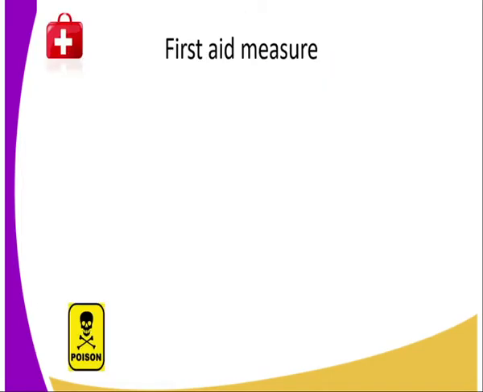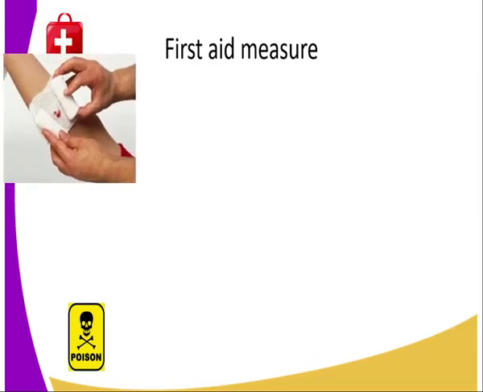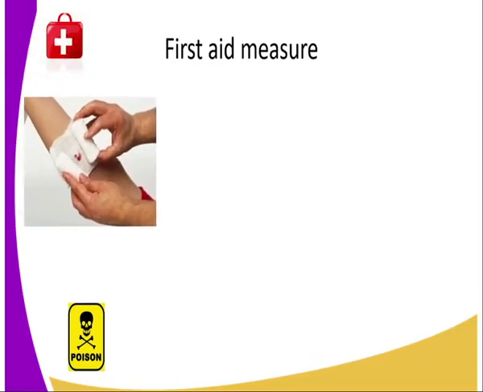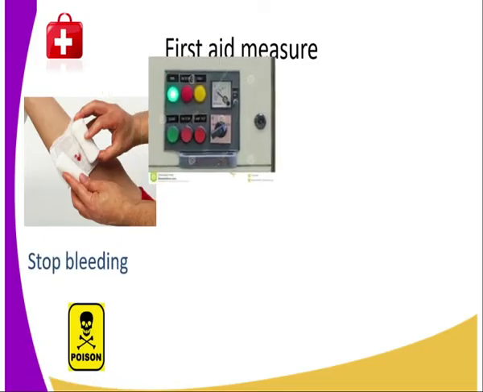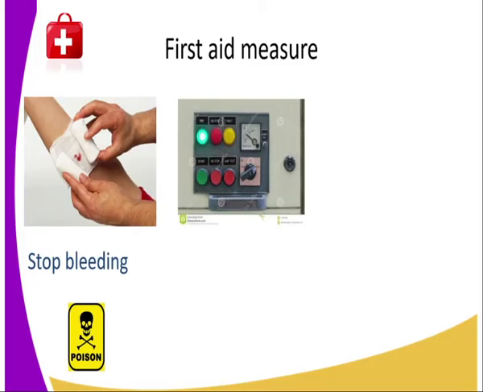So in the laboratory, in case of an accident, and most accidents occur as a result of ignorance and just not being careful. So in case of an accident, in case there is a cut, dress the wound properly to stop bleeding immediately. Number 2, in case there is electric shock, what should we do?